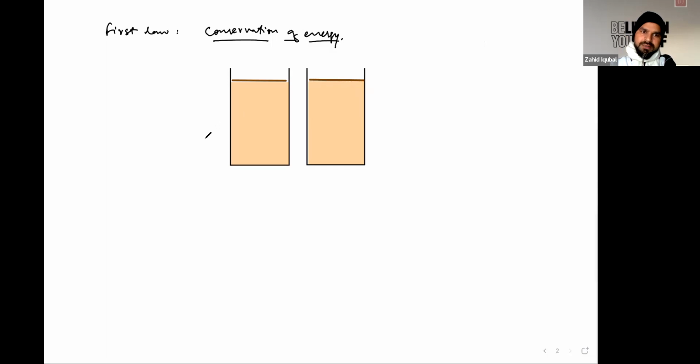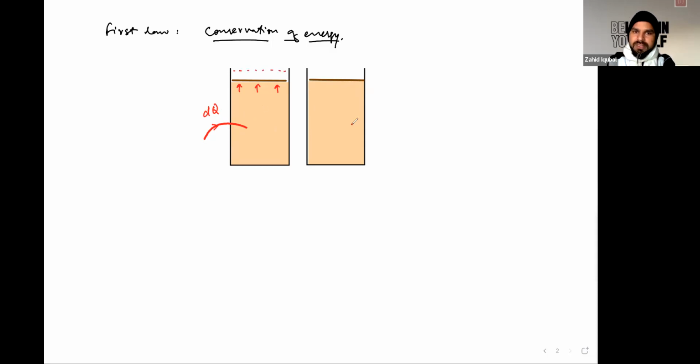If heat is supplied to this particular system, this heat may be utilized in two different processes. First, to change the internal energy of the system, and second, to do some work on this piston to expand it from this level to this level.